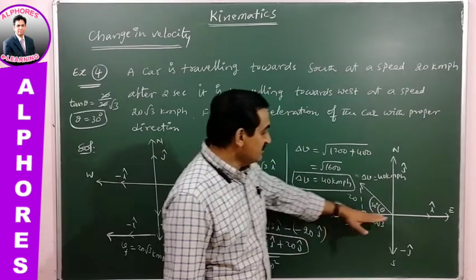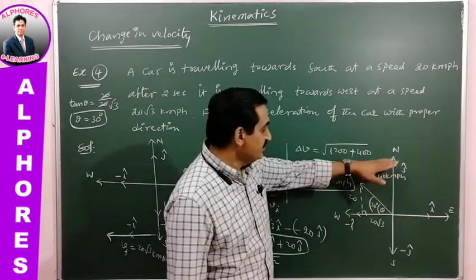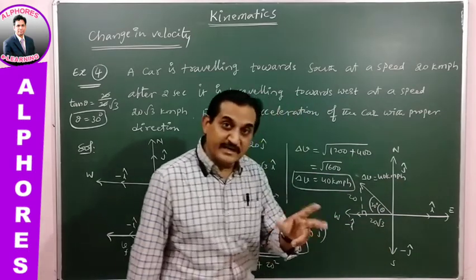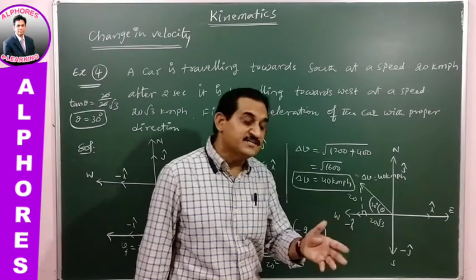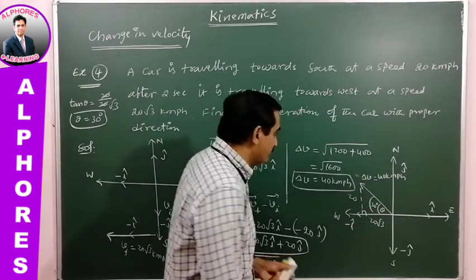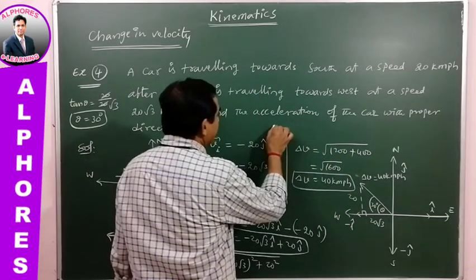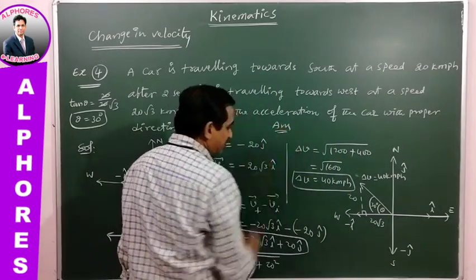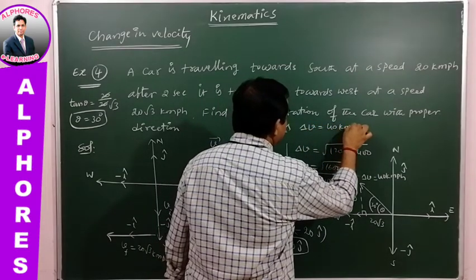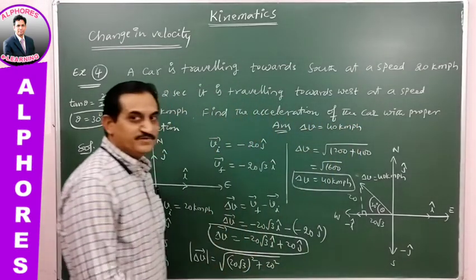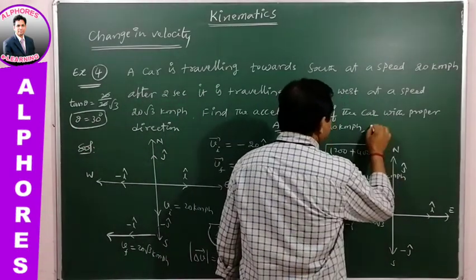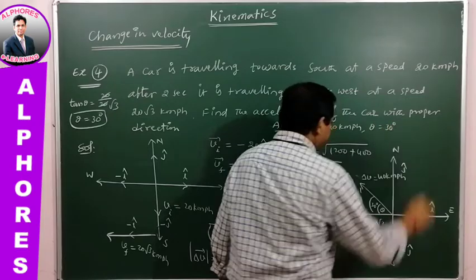Towards which of these is the change in velocity presented? That is towards north. Therefore, the final answer is a change in velocity of 40 km per hour with angle theta equal to 30 degrees.